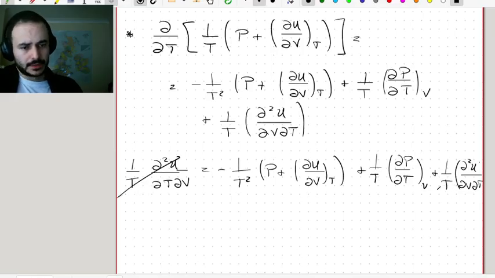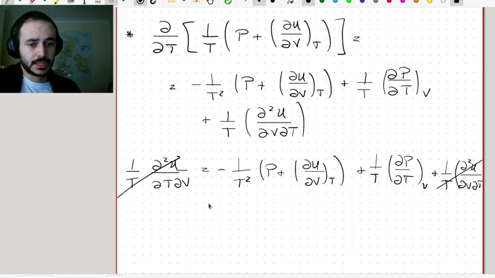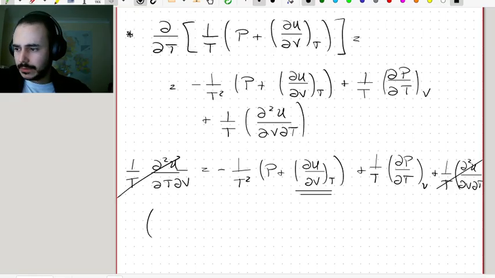This thing equals that, because the internal energy also has continuous derivatives and the mixed second derivatives are identical. And remember, what we want is this. Let me see if everything looks fine. Yes, I didn't make any mistakes.